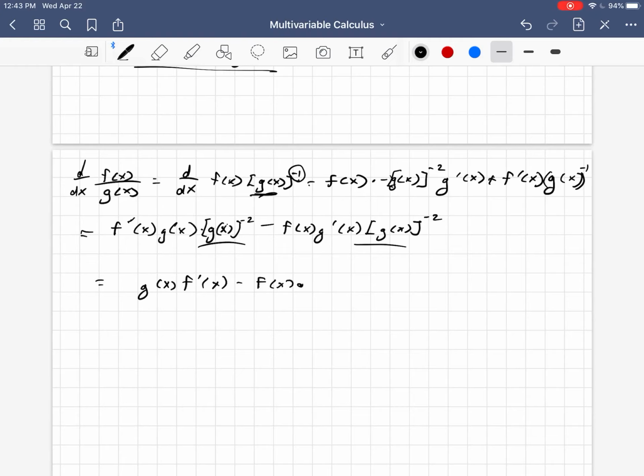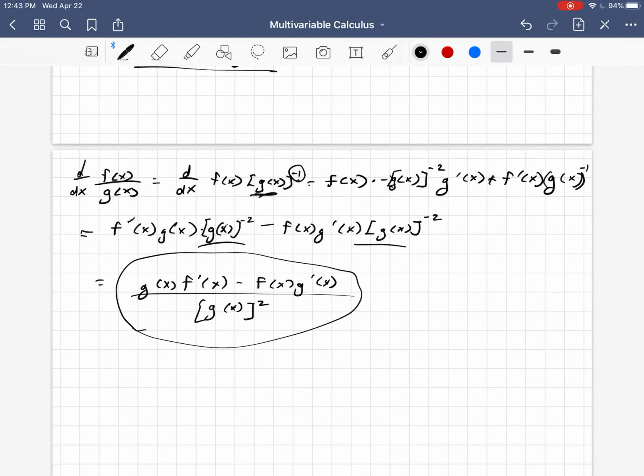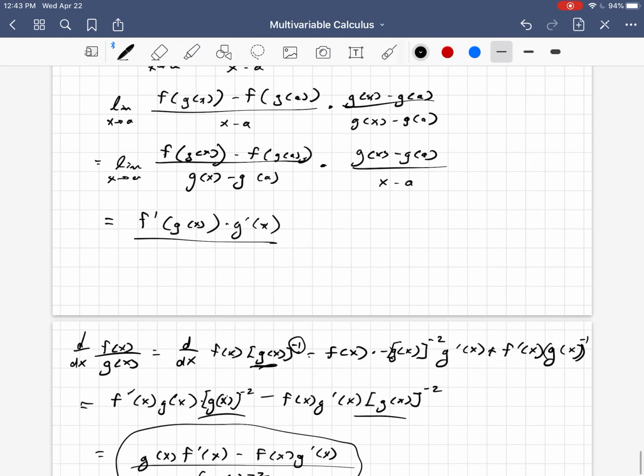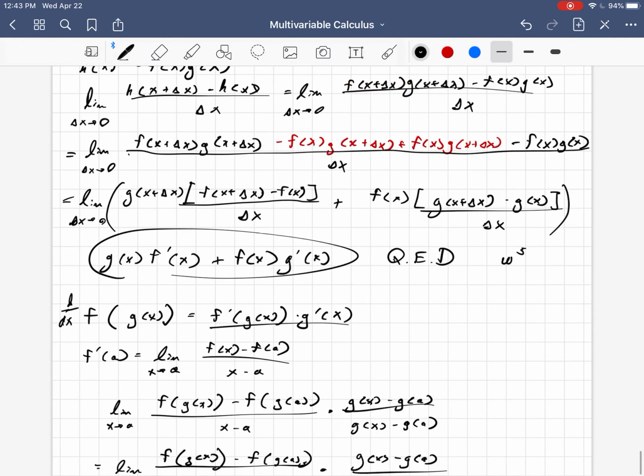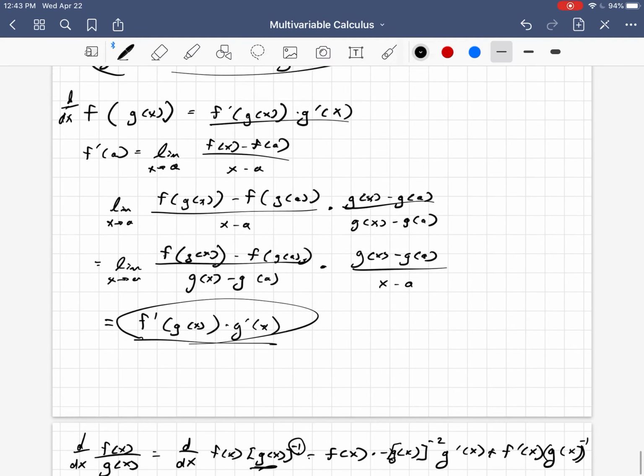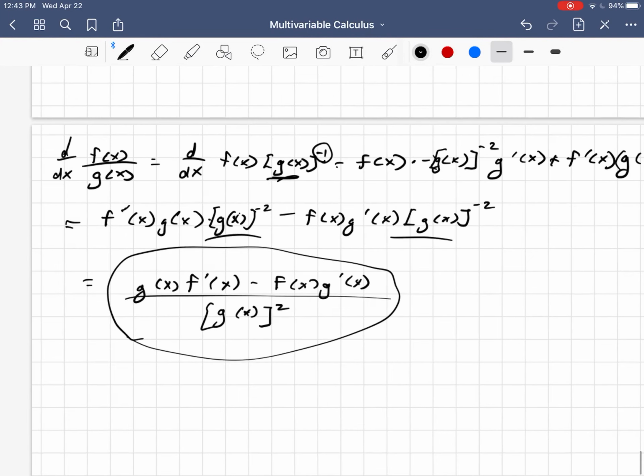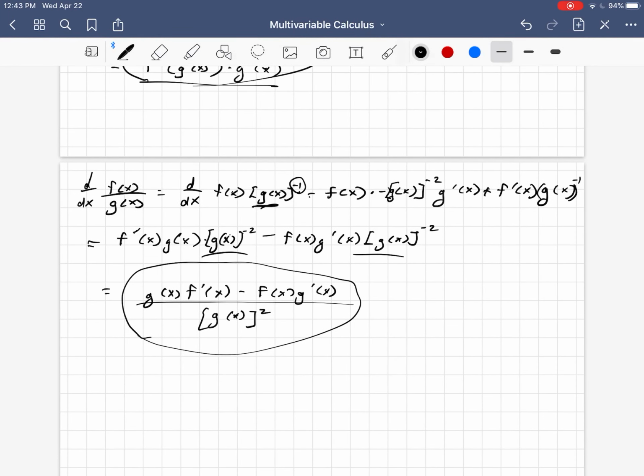And now I can factor out a g of x to the -2, and I can get, I'll write it as g of x f prime of x minus f of x g prime of x over g of x squared.